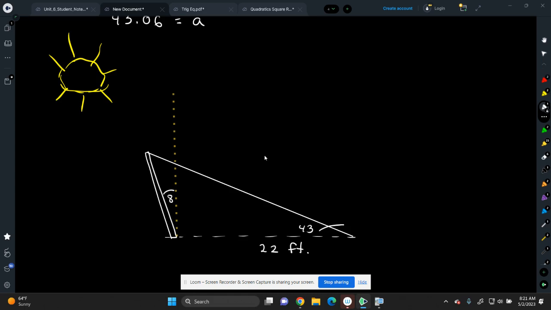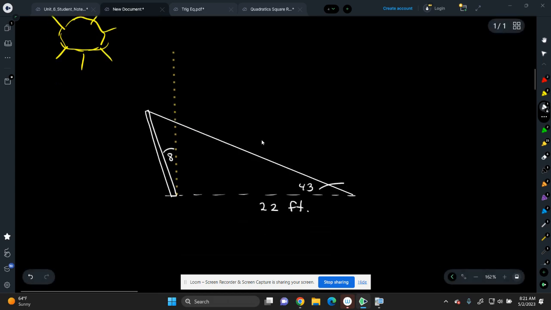So this is much more applicable than what we did when we went out to measure trees, because we were forcing everything to be right angles, right? And everything is not right angles. In fact, they're usually not, okay? So this is the same type of thing, right? I have an angle, I have a distance from the bottom of the pole. I'm trying to find this value right here, okay?